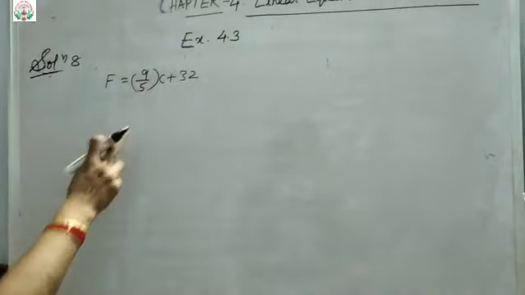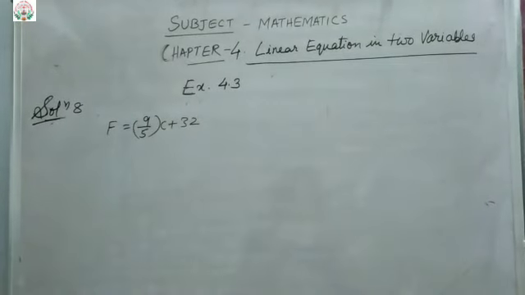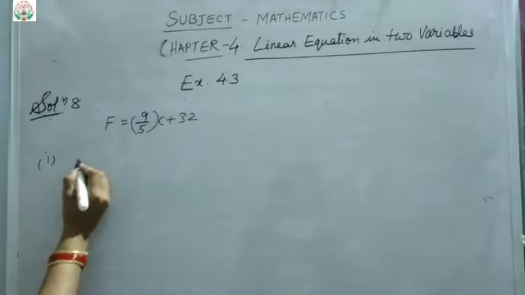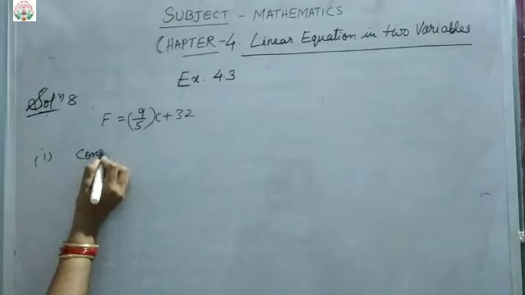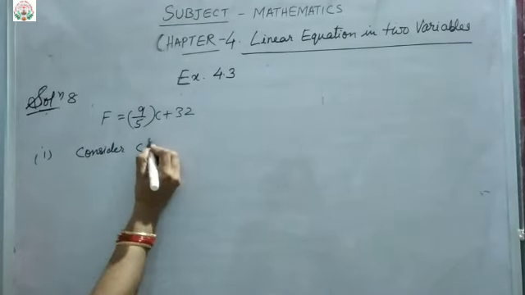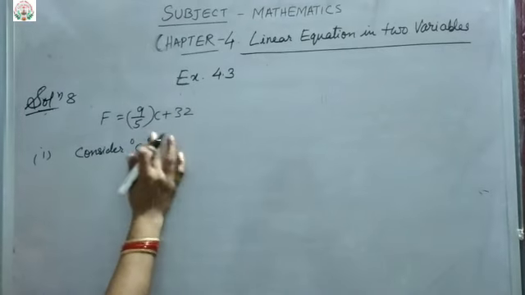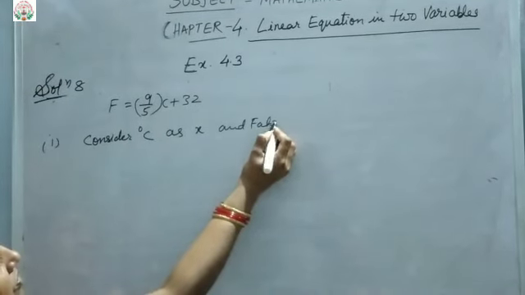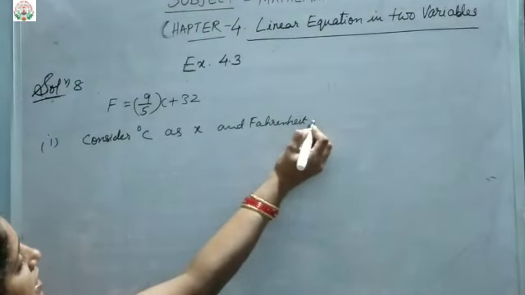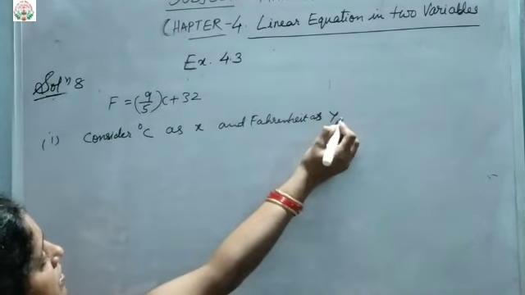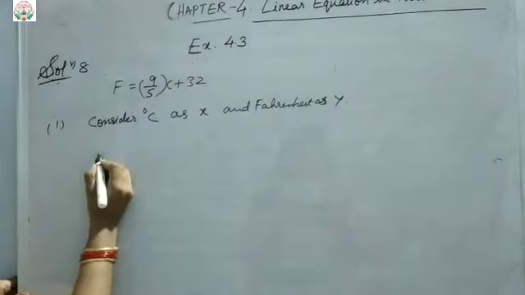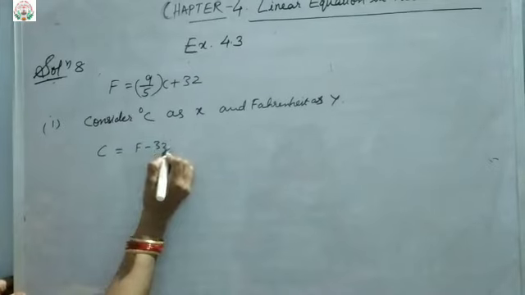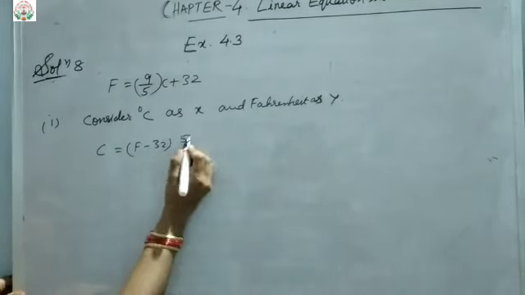Now what you have to do is plot the graph for this Fahrenheit and Celsius. First, you have to plot the graph considering C, that is degree Celsius, as X and Fahrenheit as Y. Now you can convert this as C equals F minus 32 into 5 upon 9.